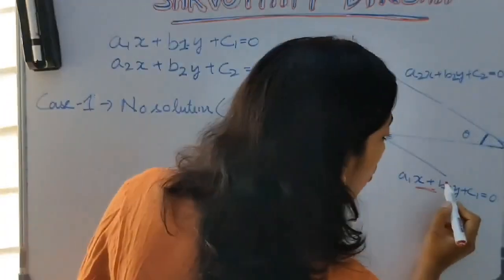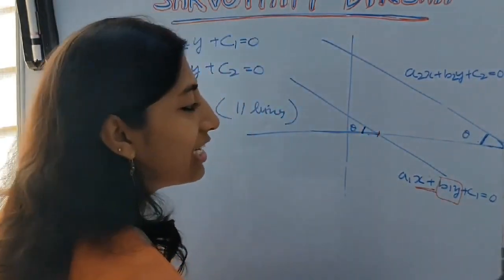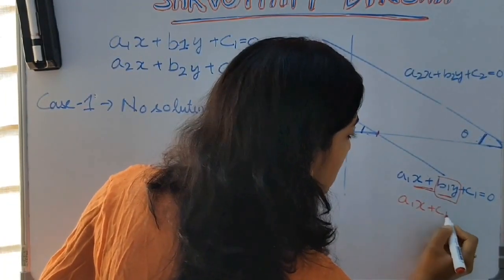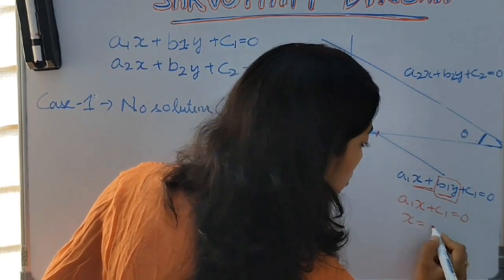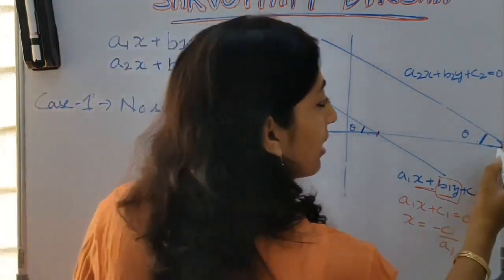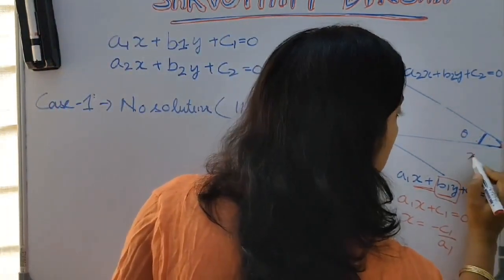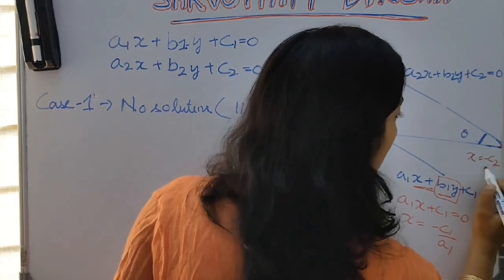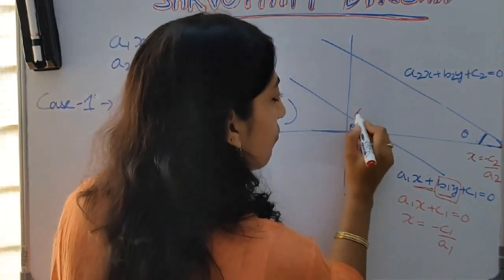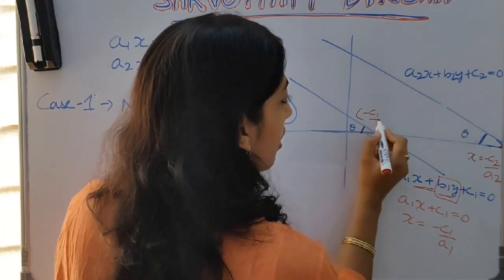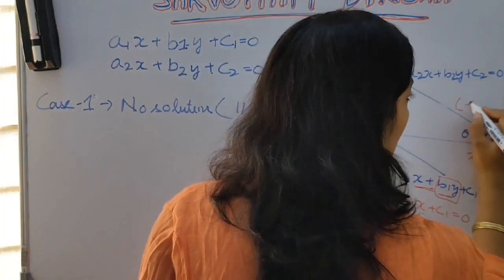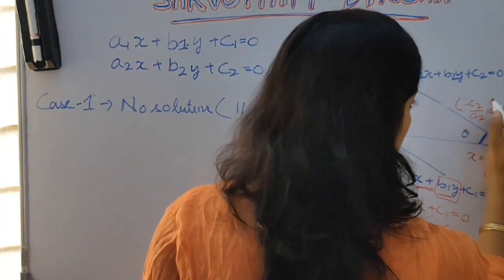So if I put 0 against y here, what will I get? This term will become 0. I will get a1x plus c1 equal to 0. So x is equal to minus c1 by a1. Same way, I will get x is equal to minus c2 by a2. So what will be this coordinate? My y is 0. So it will be nothing but minus c1 upon a1, 0. Same way, this will be minus c2 by a2, 0.